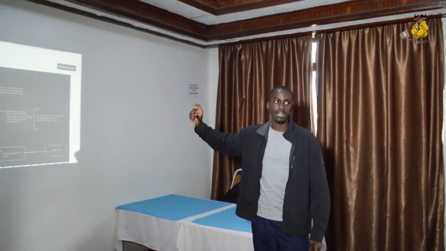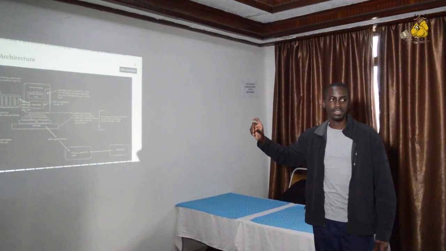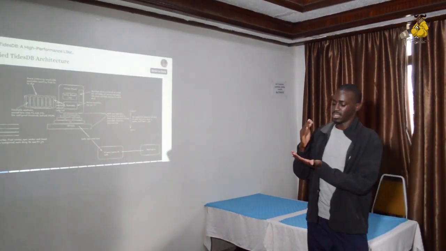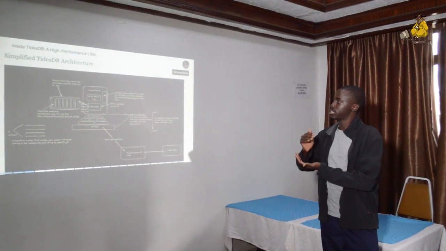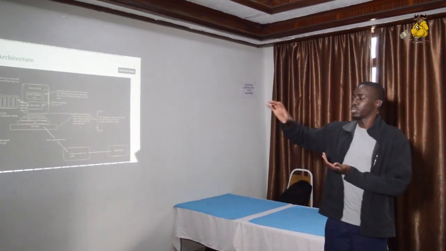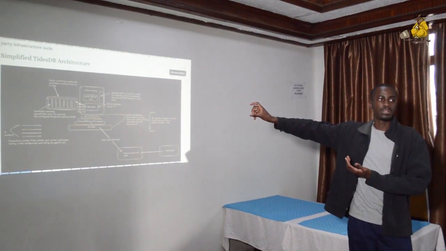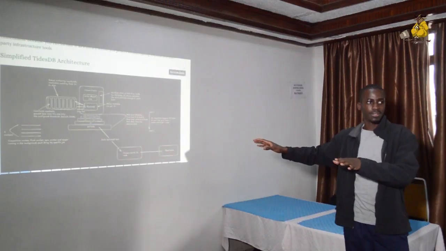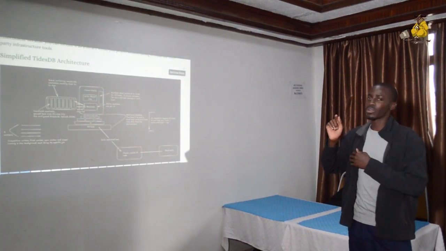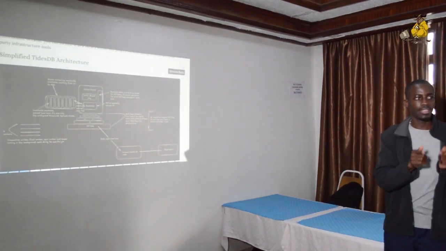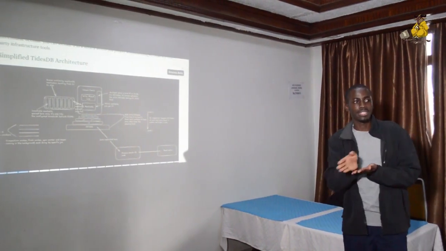Okay, let me put it this way. We want to take advantage of writing in memory. So if we had skipped the write-ahead log, a write comes in and is written to the memtable. Like for Postgres, if you're writing something, then you guarantee that it is written to disk within that single operation.